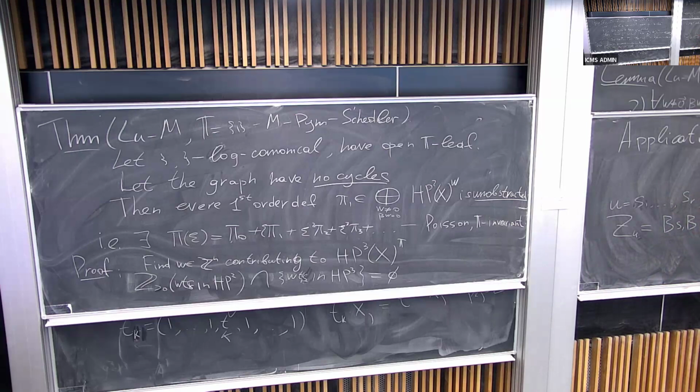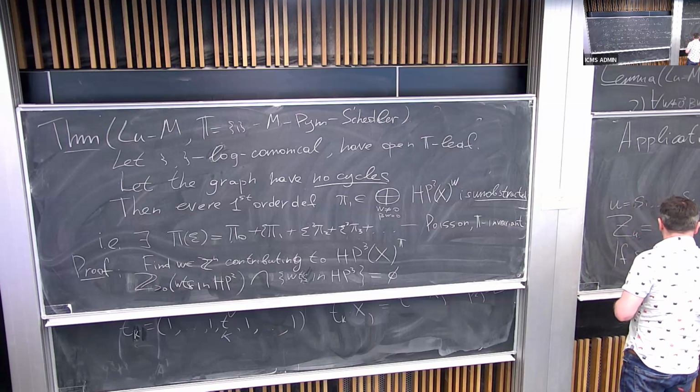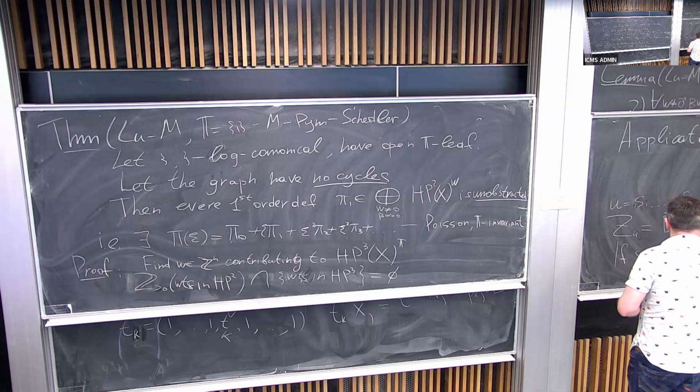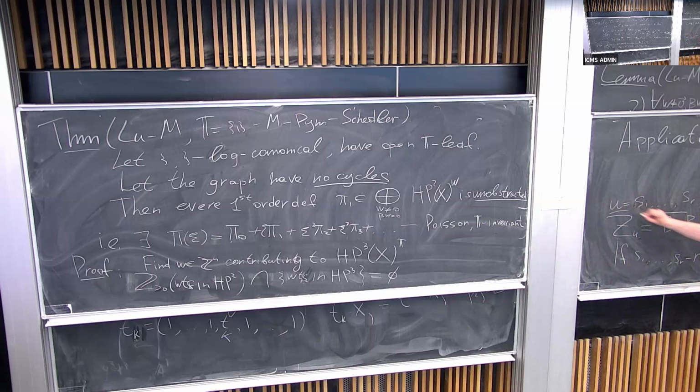With closures here, that's called the Bott-Samuelson variety. And if the decomposition is reduced, then this is actually a resolution of singularities of the Schubert variety. The map is given by multiplication.